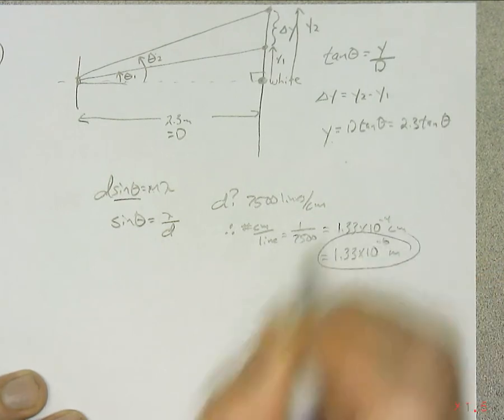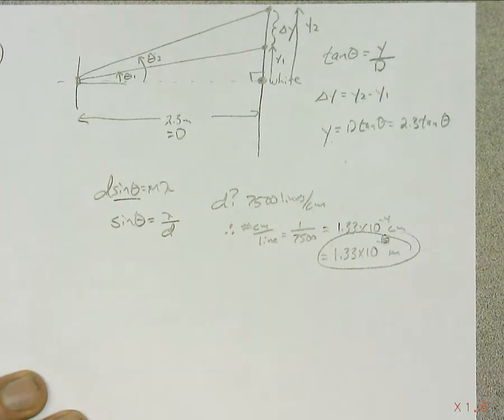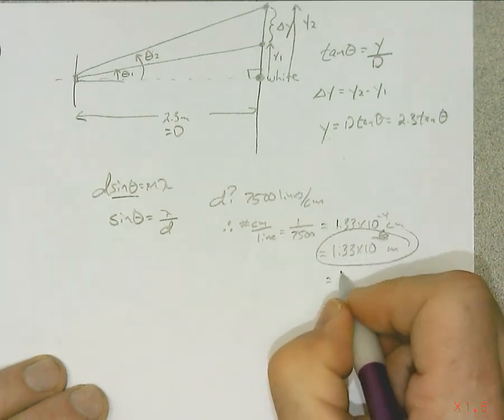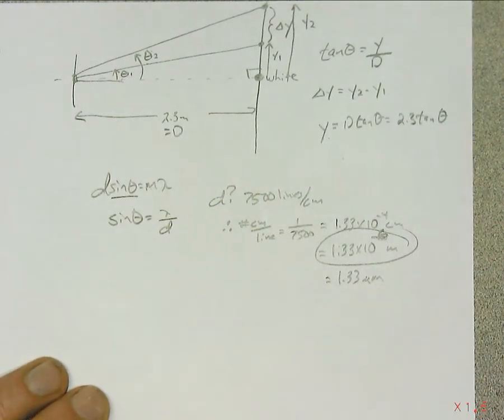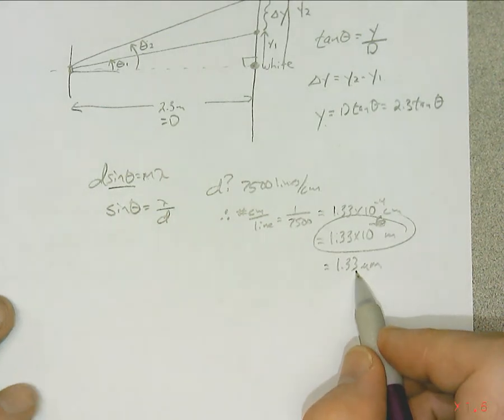I like to convert everything to meters, just to be consistent. That is 1.33 micrometers, the spacing between the slits in the diffraction grating.